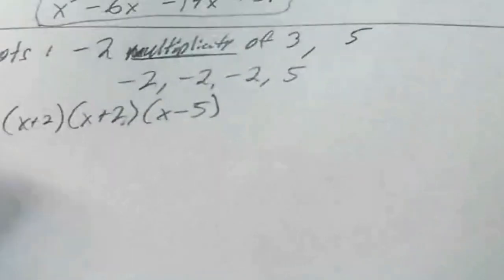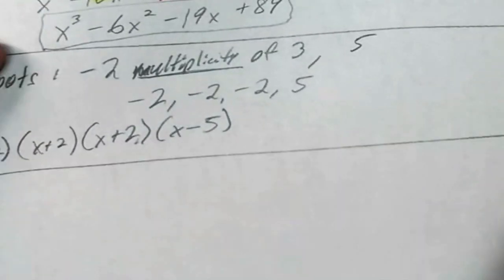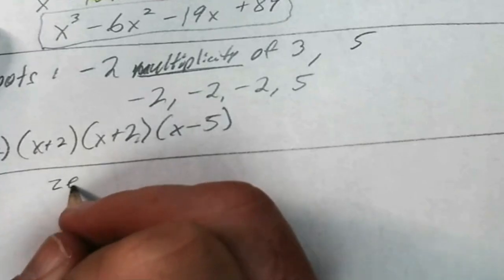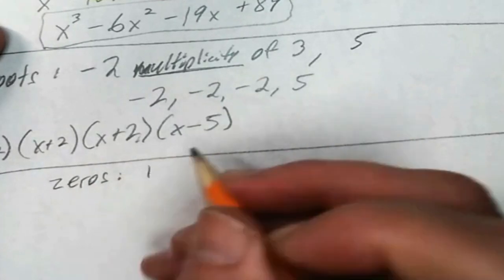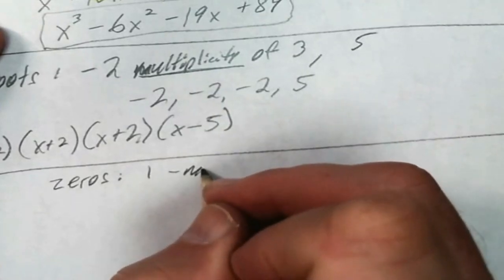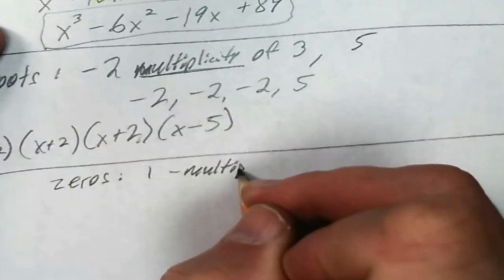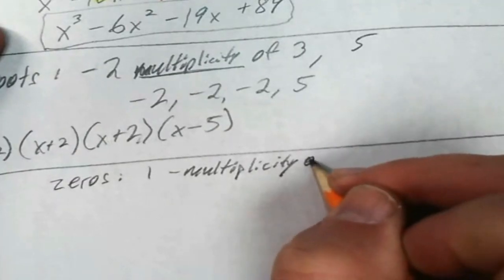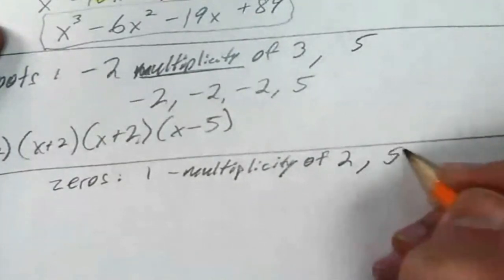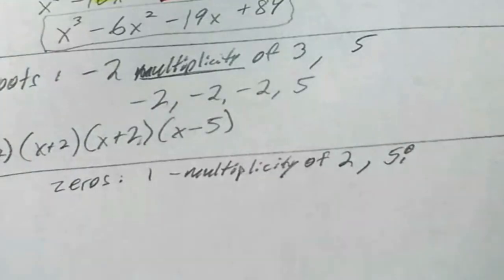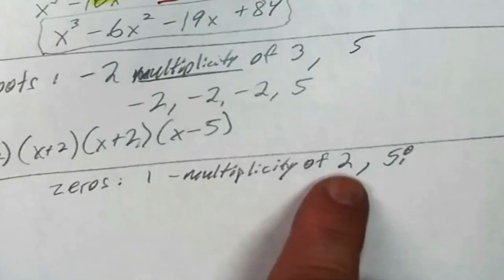Here are our zeros, or roots, either way: 1 has multiplicity of 2, and 5i. They want to know what polynomial has 1 of multiplicity 2 and 5i.